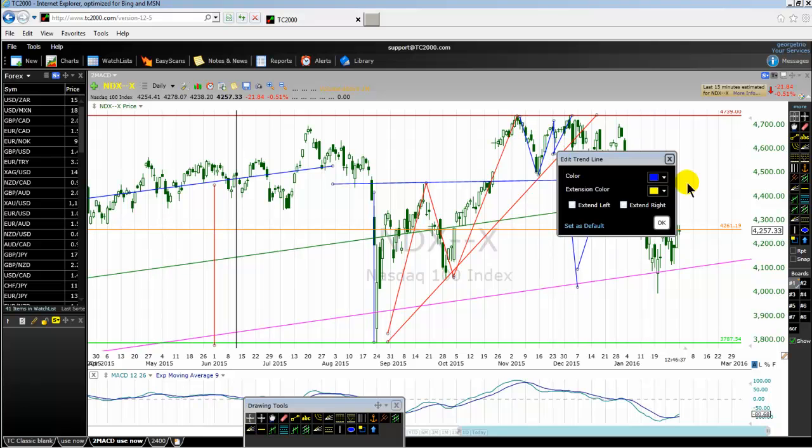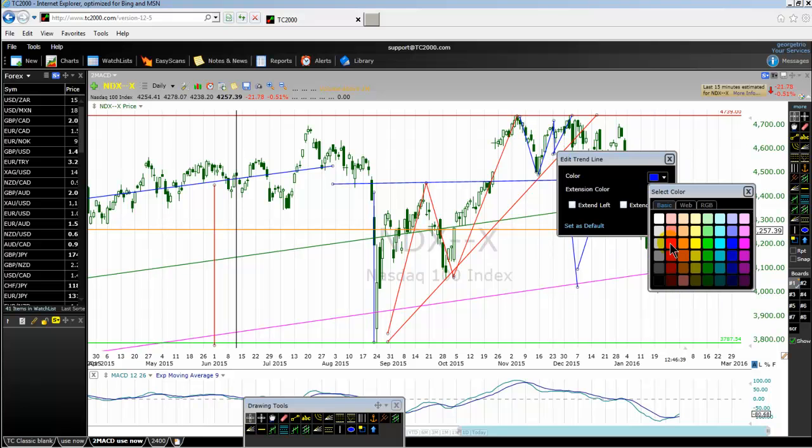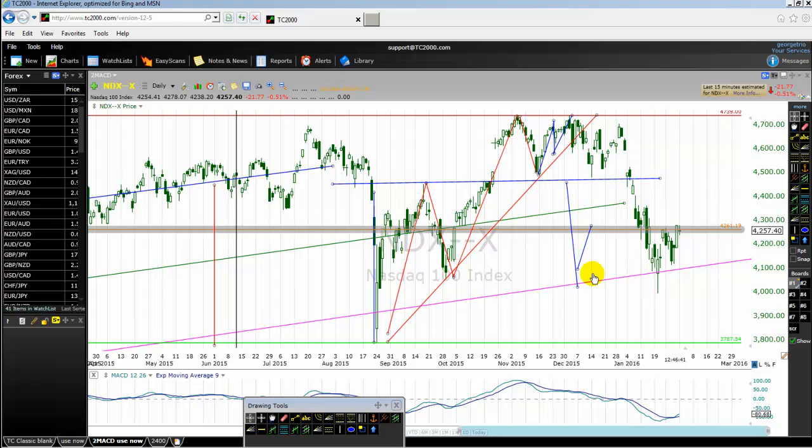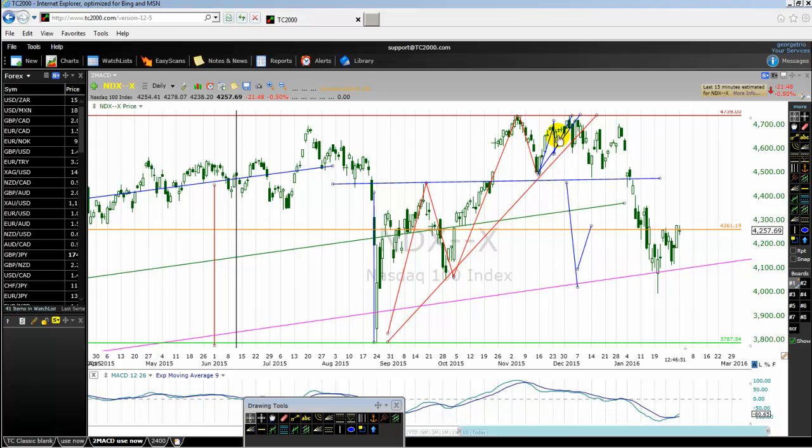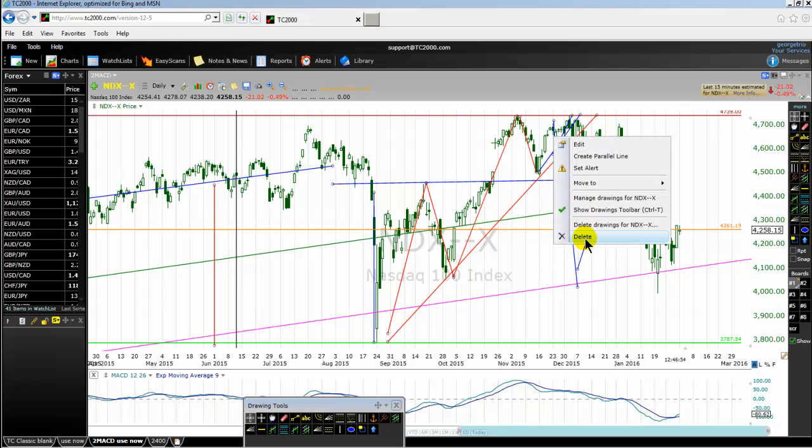If you want to know more about the A, B, C, D, E chart pattern, go to www.24elliottwaves.com, all right? So we have here now our E pattern. In fact, I'll remove the subwaves so you can see it clearly on your chart.